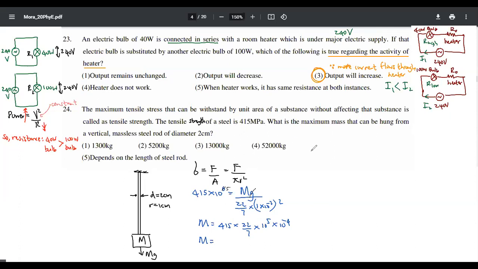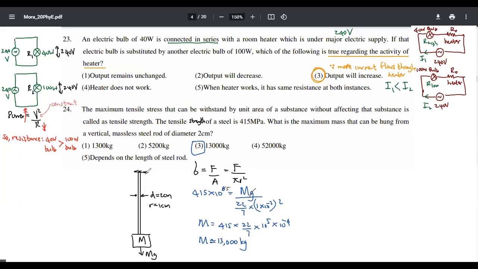The answer is given as megapascal, so they have given you the stress. You don't have to divide by area again. So capital M is going to be roughly 13,000 kilograms. I didn't multiply it. Right, that's the value. So third, roughly that value.